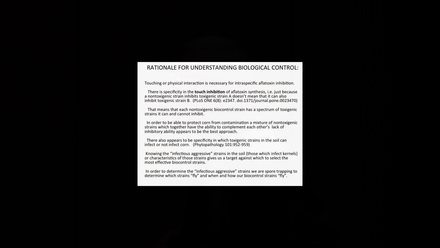And the rationale for our work comes from this series of ideas. We showed some time ago that touching or physical interaction is necessary for intraspecific aflatoxin inhibition. We also showed that there's specificity in this touch inhibition.